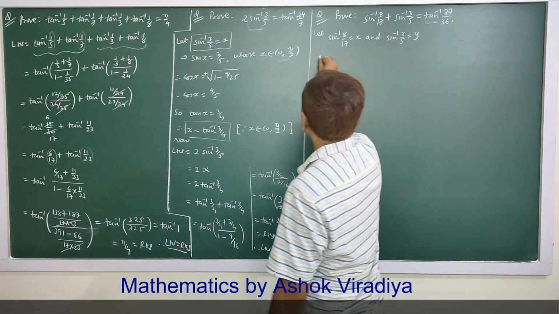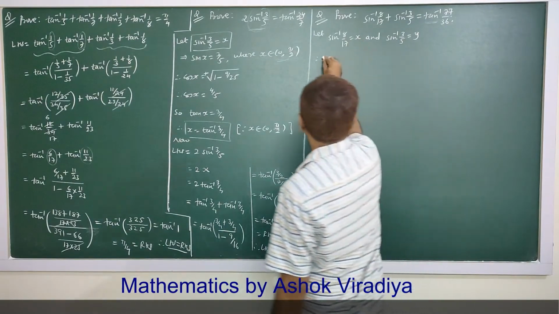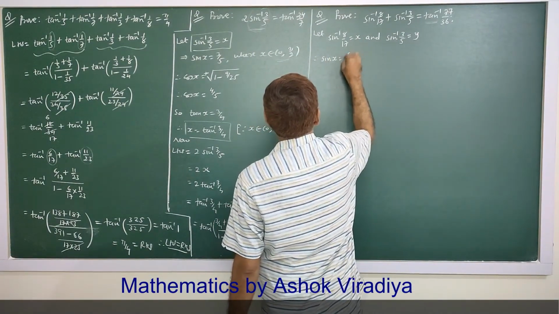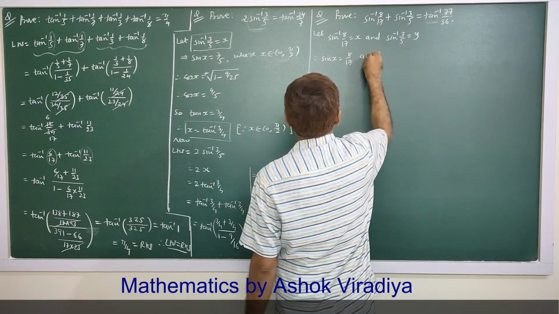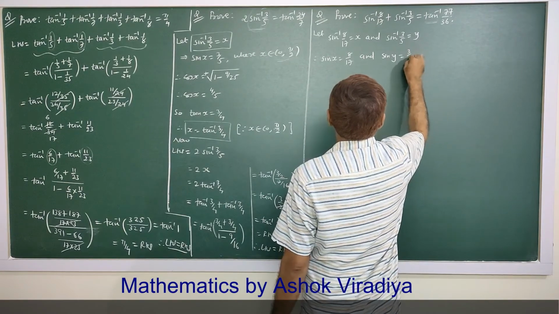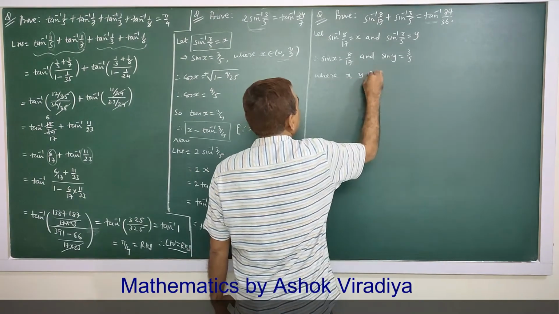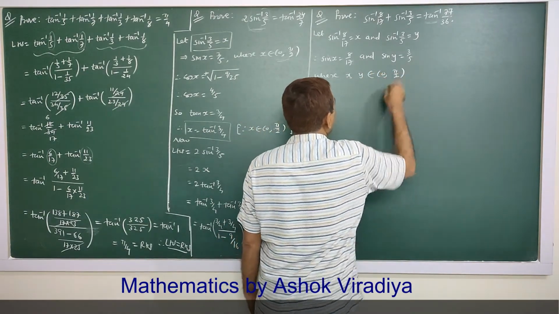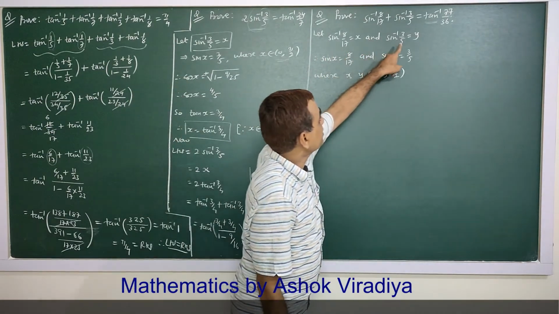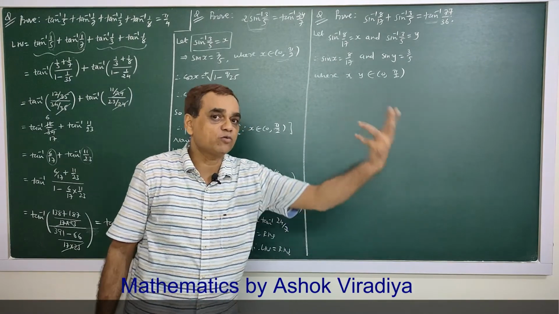Because these are positive and belong to minus 1 to 1, sin x is 8 by 17 and sin y is 3 by 5, and both x and y will be in the first quadrant, 0 to pi by 2. Because when sin inverse works on positive numbers, the output is in 0 to pi by 2.